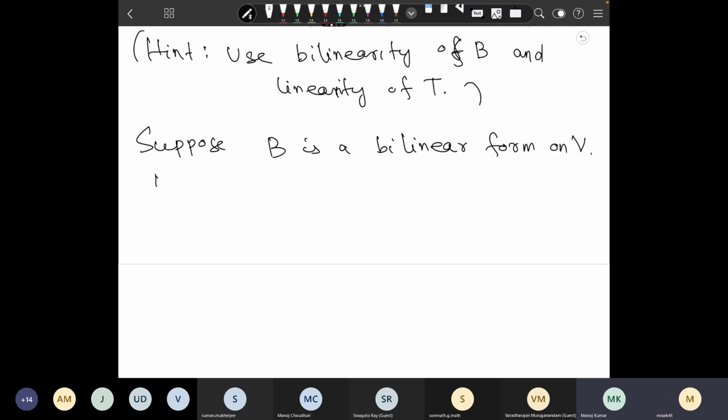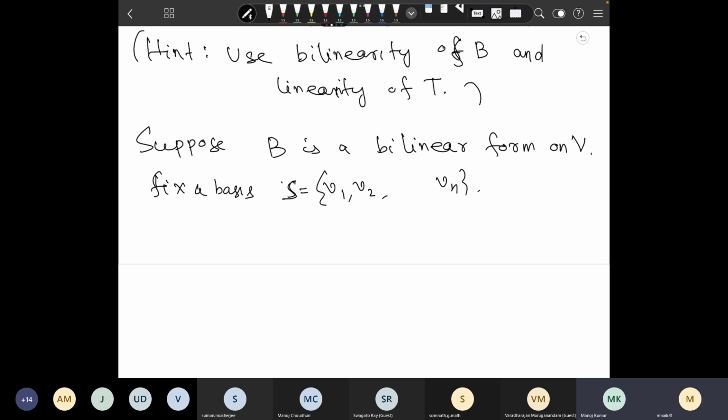On V, I fix a basis. Actually, fix a basis S equal to v1, v2, ..., vn.